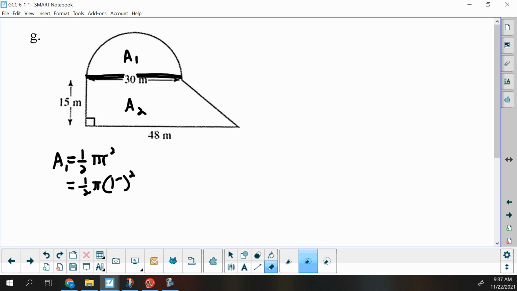So half of that for our radius would just be 15. Notice there is nothing in this question that tells us to round, meaning we don't want to actually type the pi in the calculator. So what we're going to put in is we're going to do 1/2 times 15 squared. So we'll give you a minute to type in the 1/2 times 15 squared.